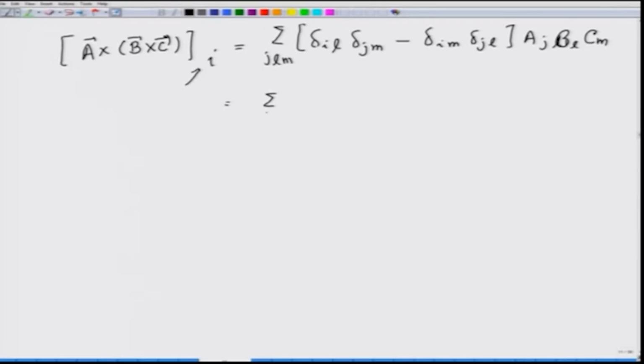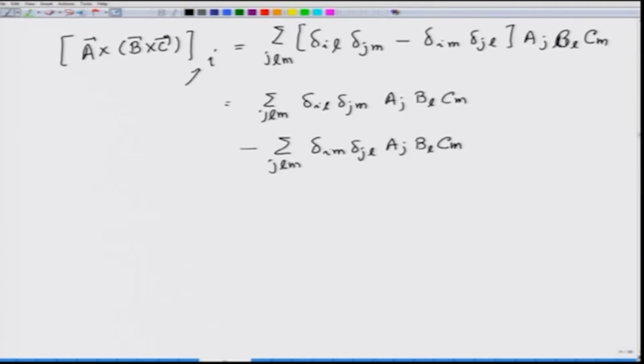This is summation j l m delta i l delta j m a j b l c m minus summation j l m delta i m delta j l a j b l c m. Let us do the sum. Let us take the first term, summation j l m delta i l delta j m a j b l c m.